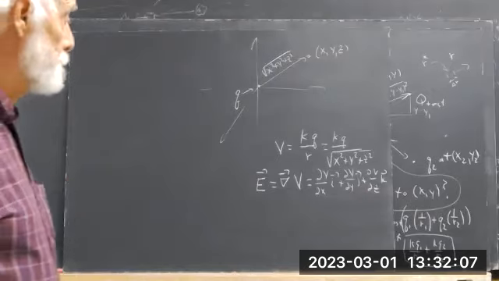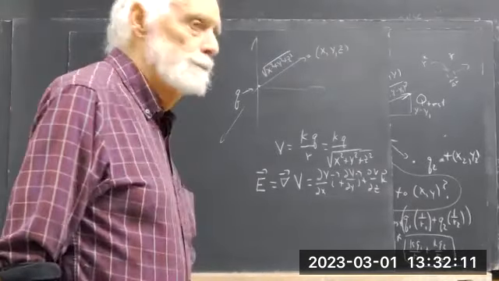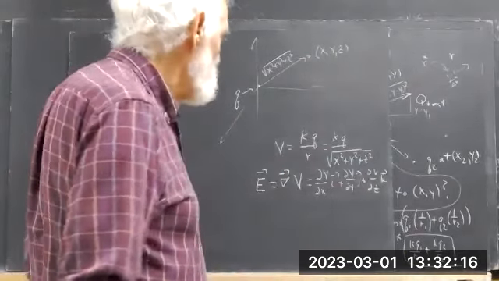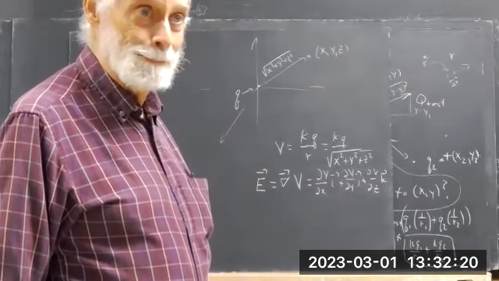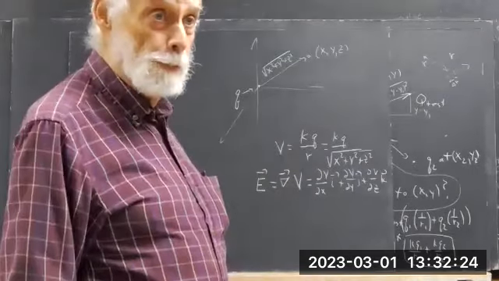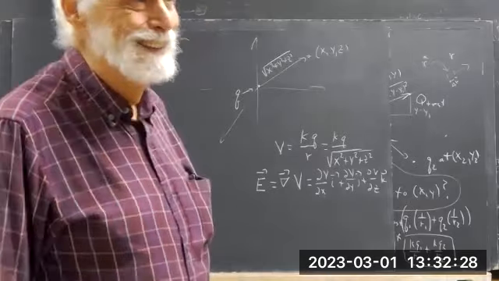Now, real quick. Okay, can't call you by name because we're on camera. I'm just going to be impolite and point. You do the partial with respect to X, you do the partial with respect to Y, and whoever's left over do the one with Z. Okay, and that would be.